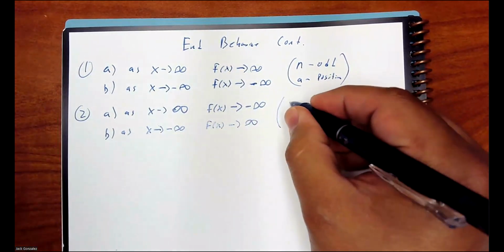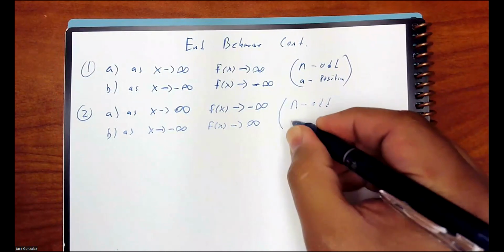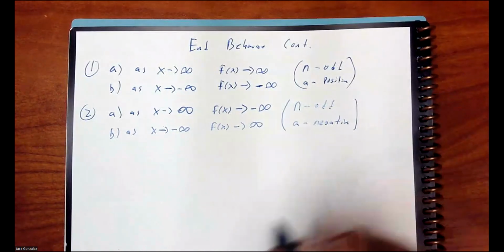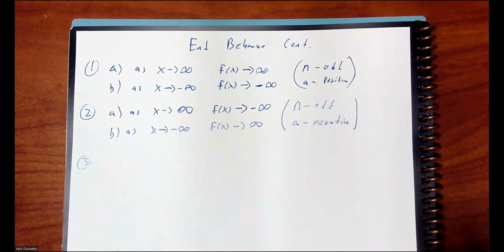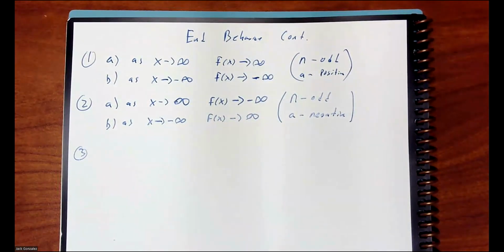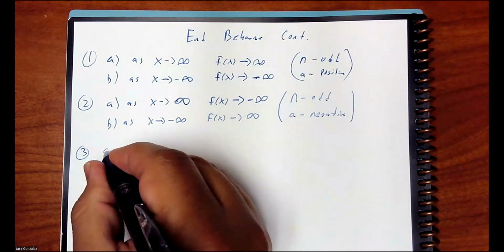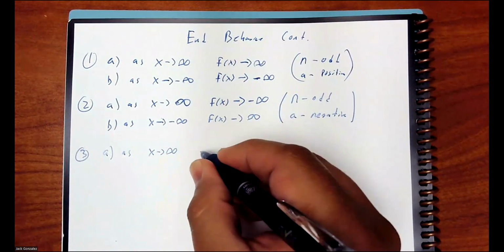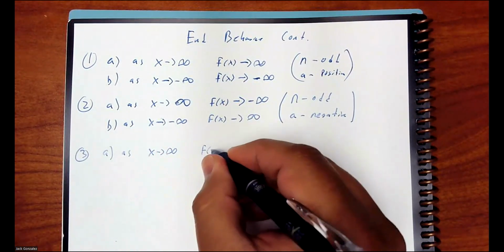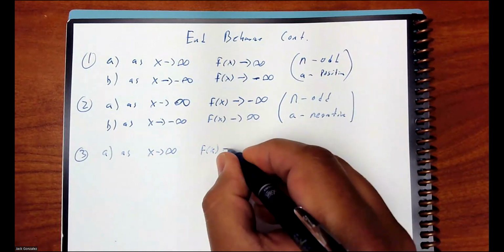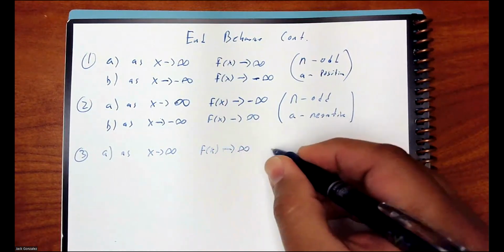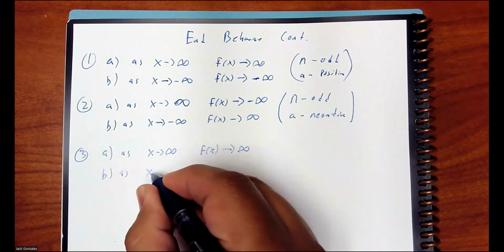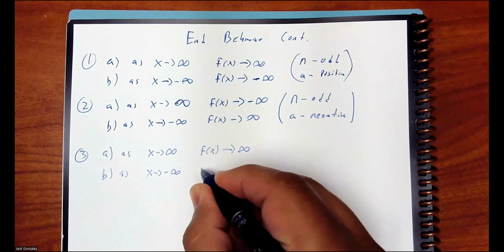This is when n is odd, a is negative. As x goes to infinity, so does your function, in both directions. So even as x goes to negative infinity, it still goes up.